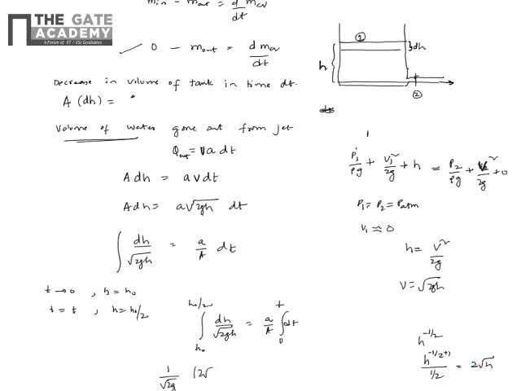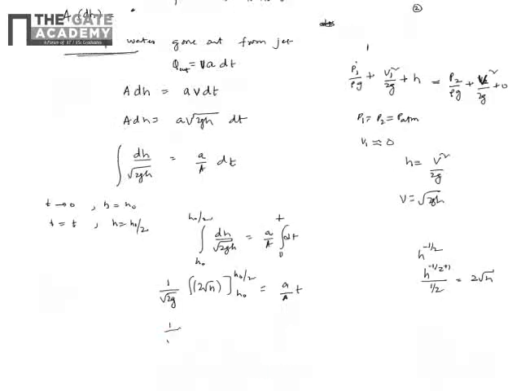So 1 by root 2g into 2, times root h0 by 2 minus root h0, equals small a by A into t.